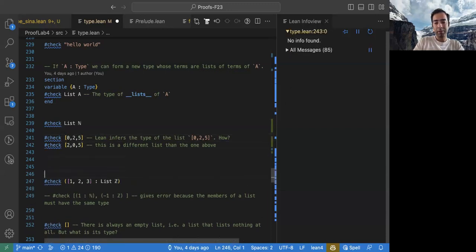So maybe here's a puzzle for you. What would be the type of this? Can you Lean for a moment and tell me what this would be?